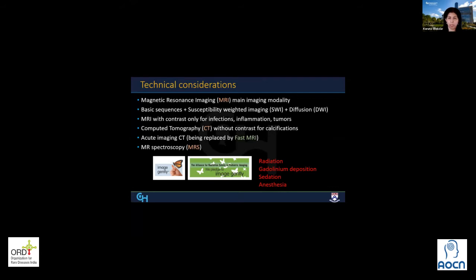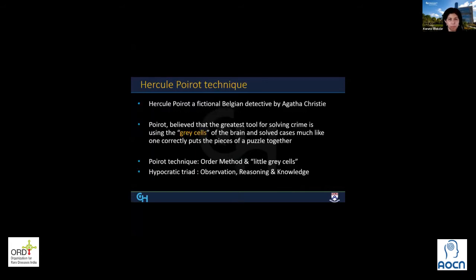Plus, in the pediatric age group, you have the challenges, particularly in neonates, infants, and young children, who may need sedation, and in some cases anesthesia. The entire push of the pediatric community is to minimize sedation and anesthesia. And we use a lot of immobilizer and feed and swaddle techniques to get the imaging done.